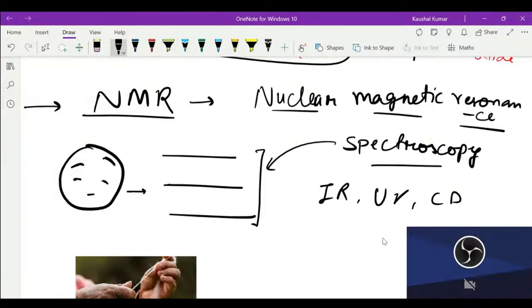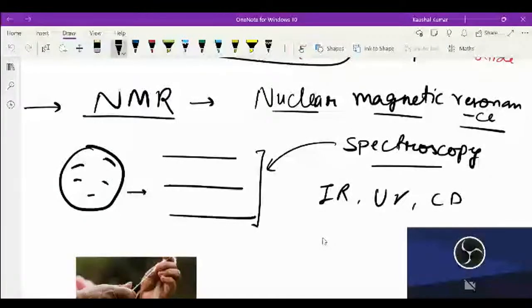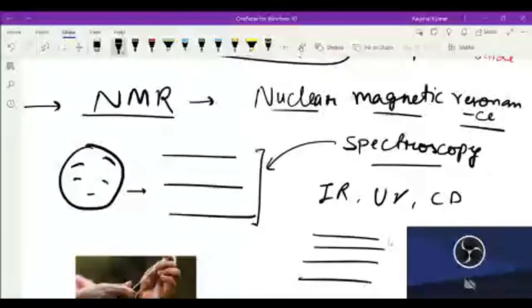So spectra means you have different levels of energy. UV spectra means you have different waves of different energies of the atom.